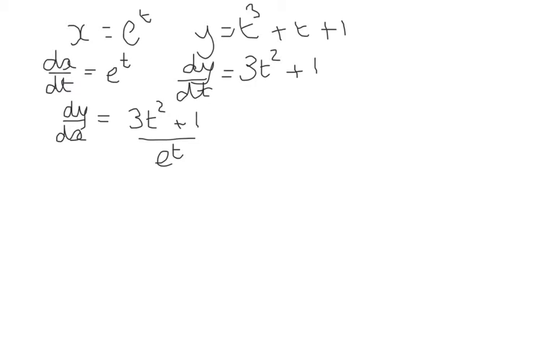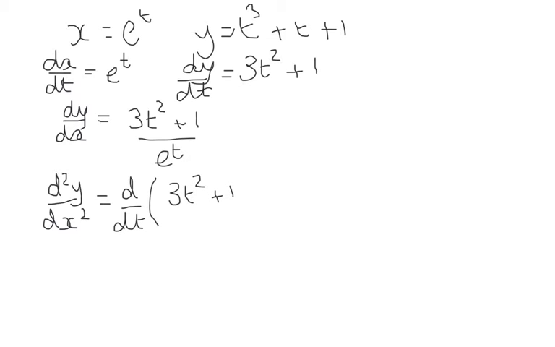So to take the second derivative, d squared y dx squared, we need to differentiate with respect to t this function, 3t squared plus 1 over e to the t, then multiply by dt/dx.